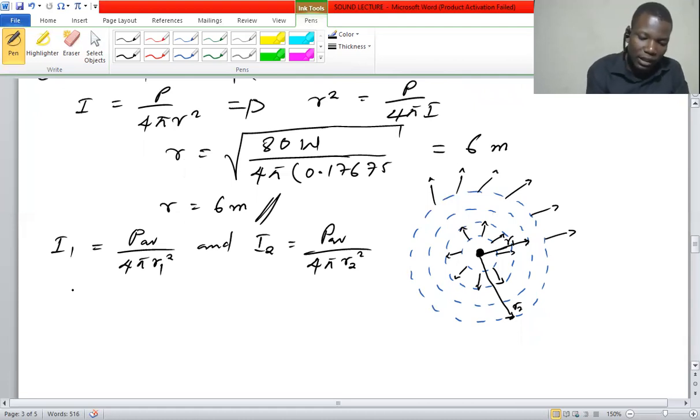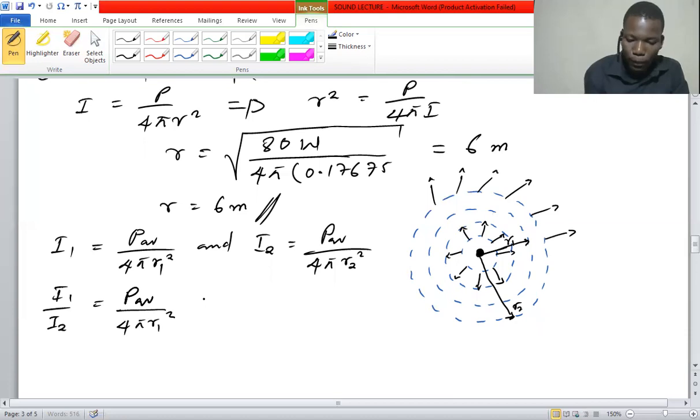So we can divide I1 by I2, and then we're going to have average power. Okay, and then we are dividing just for the sake of those who may have difficulty with algebra.